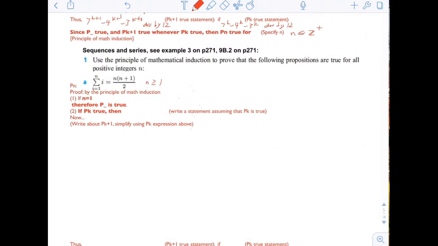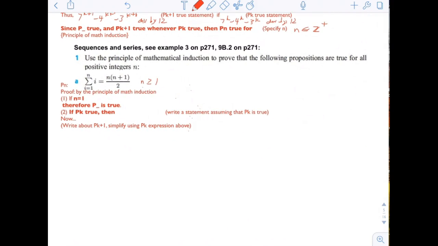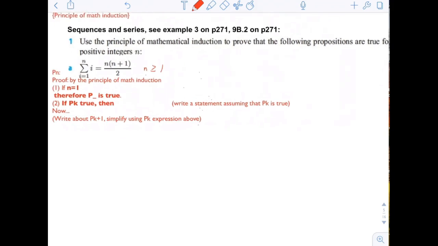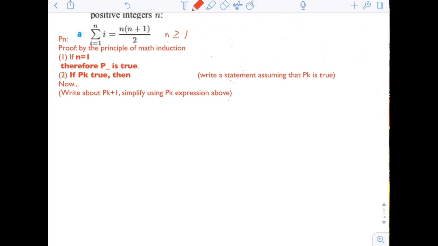Okay, now we're moving on to the next one, which is from section 9b2, number 1, part A. Use the principle of math induction to prove that the following propositions are true for all positive integers n. So this first one is a summation of all numbers from 1 through n, and we're saying that that is equal to n times n plus 1 divided by 2.